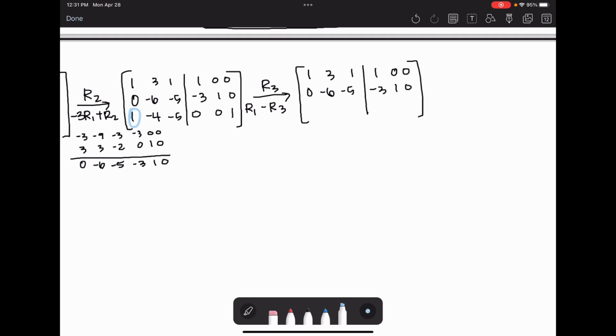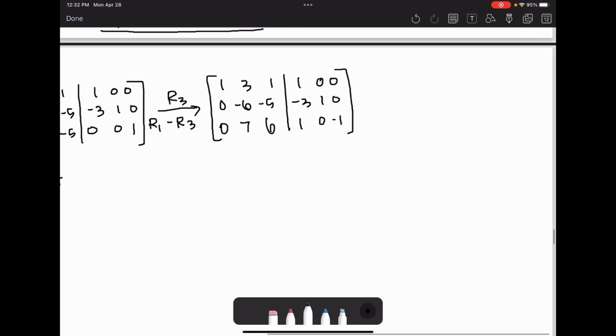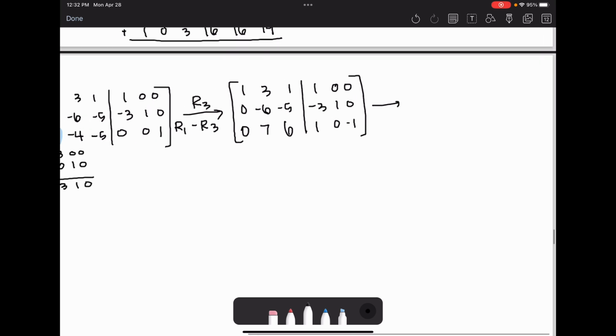And then 1 minus 1 is 0, which is what we want. 3 minus -4 is 7. 1 minus -5 is +6. And then we have 1, 0, -1, sorry. 0 minus 1, so that's -1. Okay. Do I think I could make it? I don't know. We'll try to make it all in this one row.